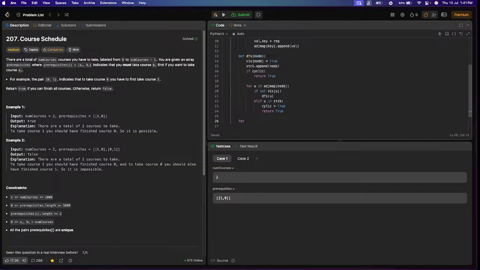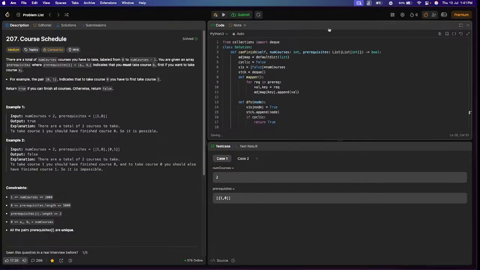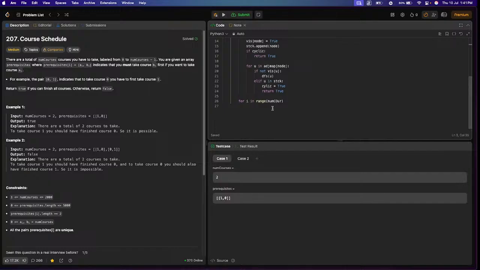For i in range of num courses: if not visited of i, then do DFS of i, and if cyclic is true, then just return false.